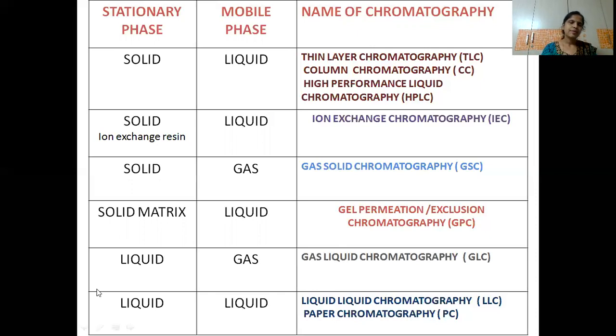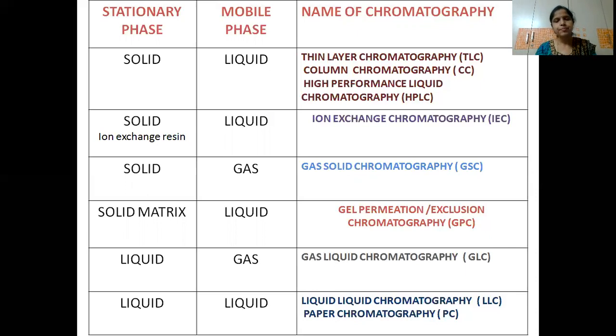Then the other type is where both the stationary phase and the mobile phase are liquid. That means it comes under LLC, liquid-liquid chromatography. One example we can take is paper chromatography. In paper chromatography, as we know, the separation takes place on the paper.